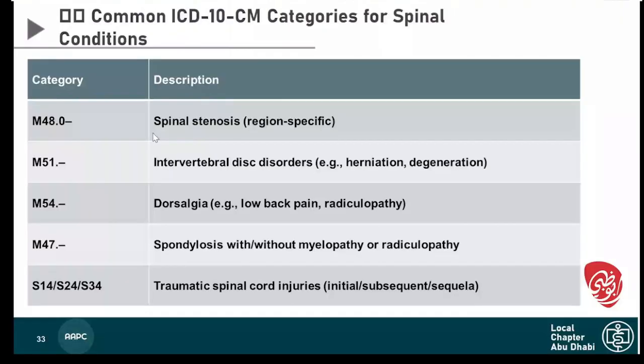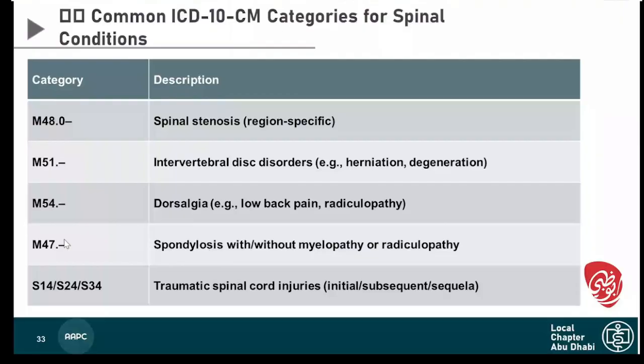So these are the ICD categories for spinal conditions. Mainly M series and G series codes are used for coding spinal conditions. Spinal stenosis M48.0, intervertebral disc disorder M51 series, dorsalgia M54 series, spondylosis with myelopathy or radiculopathy M47 series.